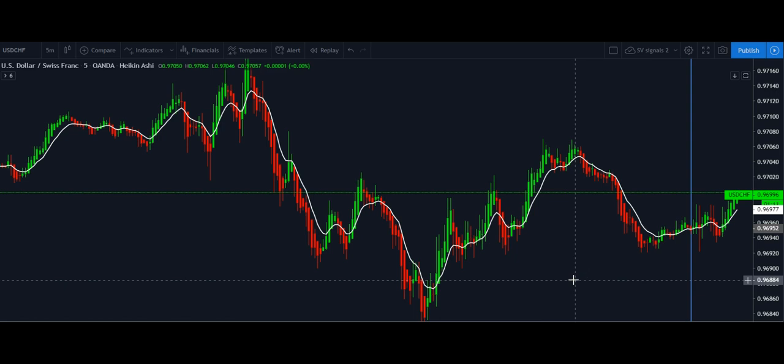Now, how do you use this 9 EMA in your trading? How we use it is, we watch how price reacts when it gets up to the 9 EMA. As you can see, it takes a violent turn. Every time it comes back up, it shoves it right back down.